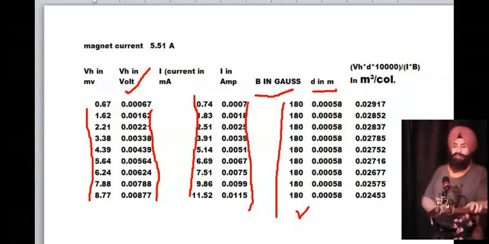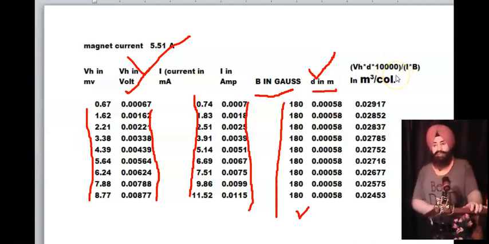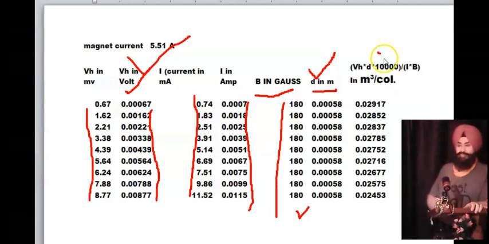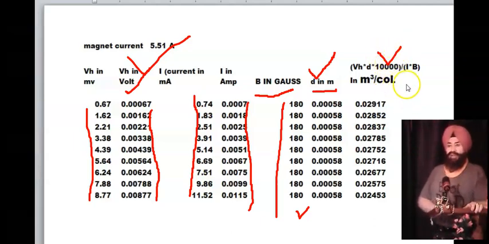Now you just apply a formula. The Hall voltage, this one, multiplied by the thickness, this one, multiplied by 10^4. Why? Because the Gauss is converted into Tesla. Then divide by the current in ampere and also divide by B in Gauss.